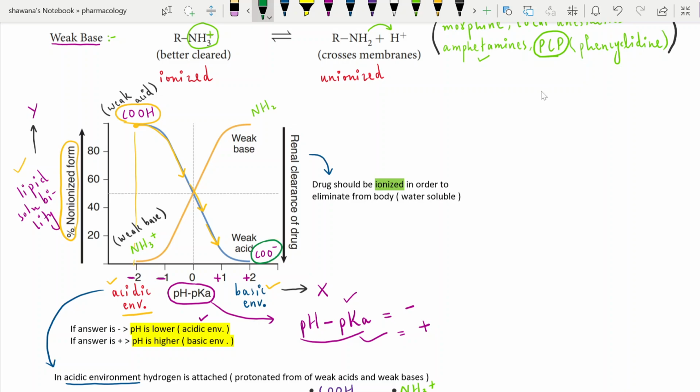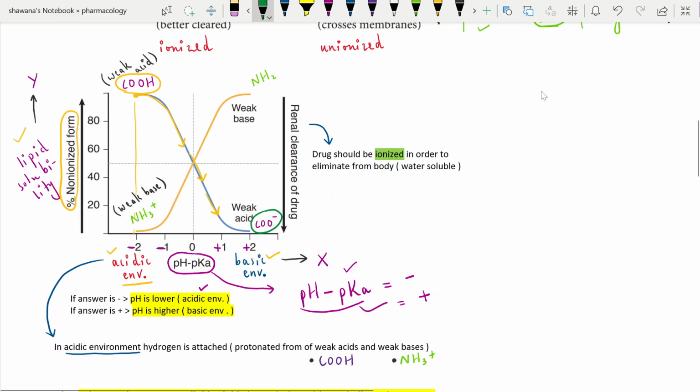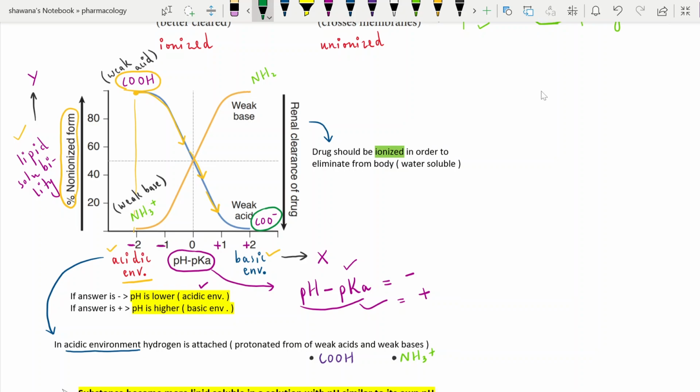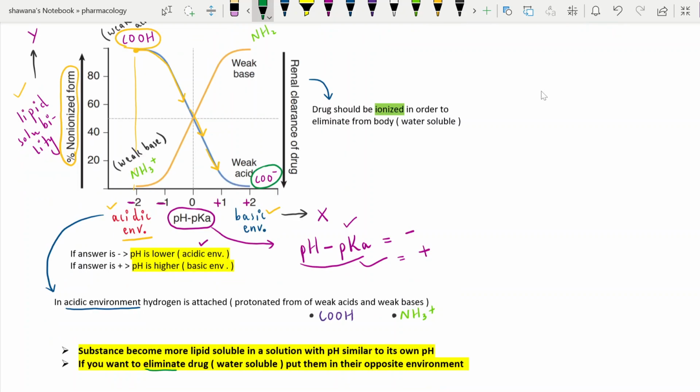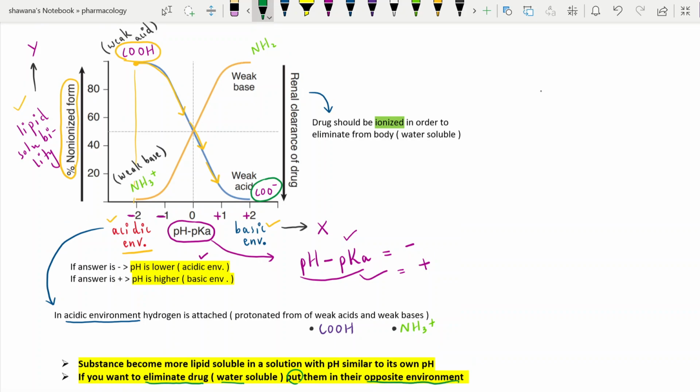So what is the thing here we need to understand? When we need to eliminate or excrete a drug, when we need it to become more water soluble, put it in an environment which is opposite to its pH. For example, this was a weak acid.